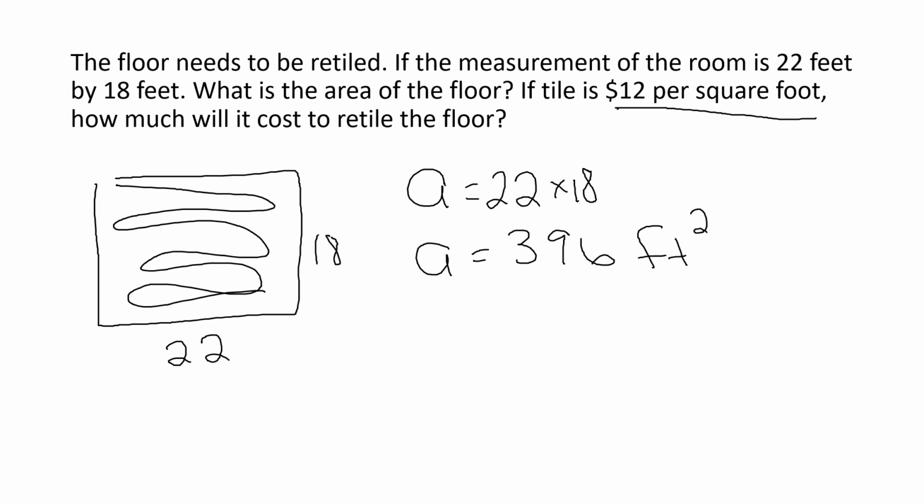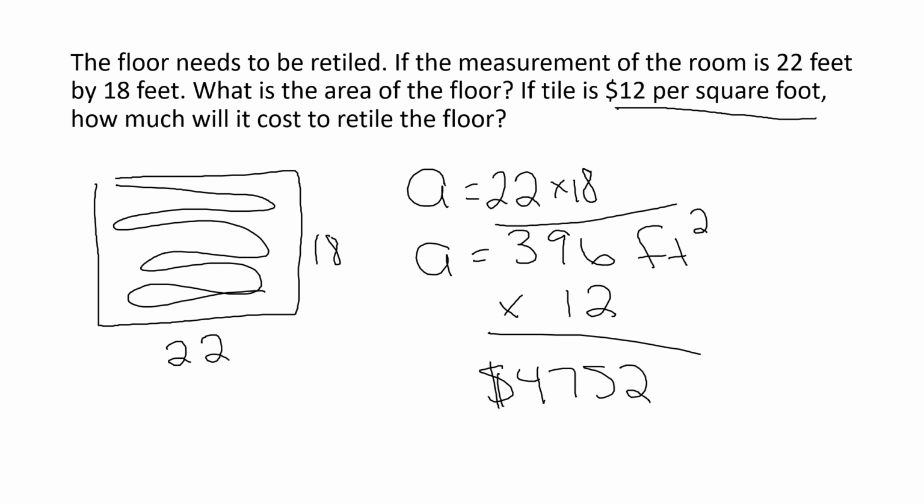So I'm just going to take the amount of square feet, which is 396, multiply that by the $12, and I end up with $4,752. So my two answers here: there's my area, there's my cost.